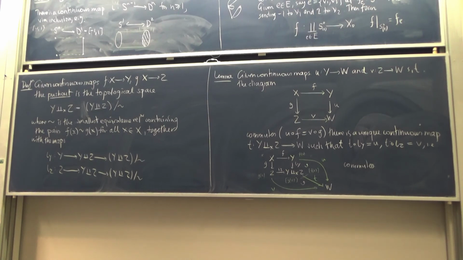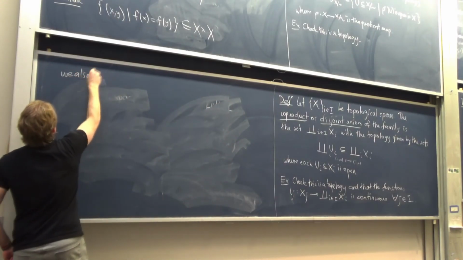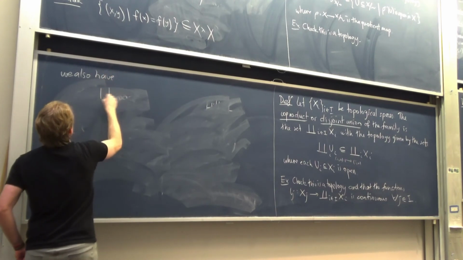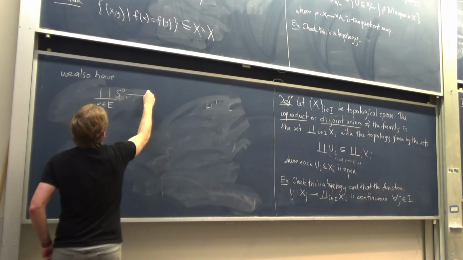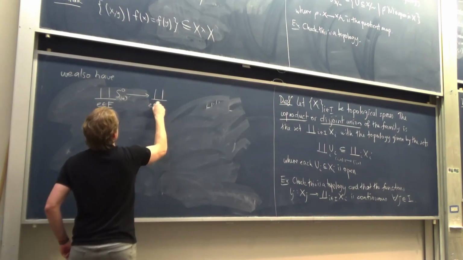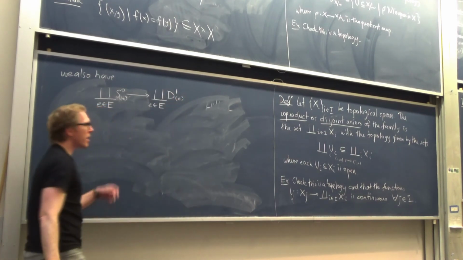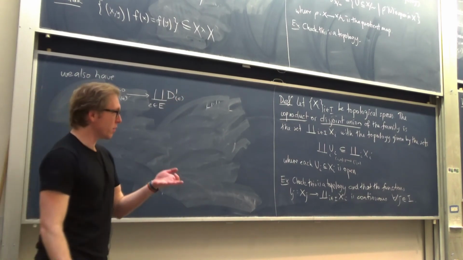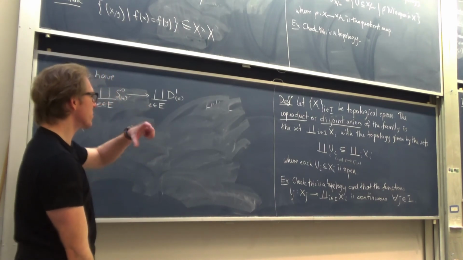So that's a continuous map. But now I also have a family of continuous maps out of that disjoint union of the S0s. I just take one copy of the disk. Again, D1 sub E is just D1, which is the one disk, which is just an interval.